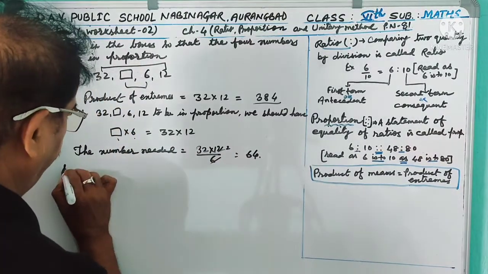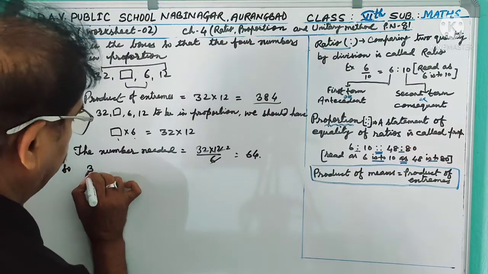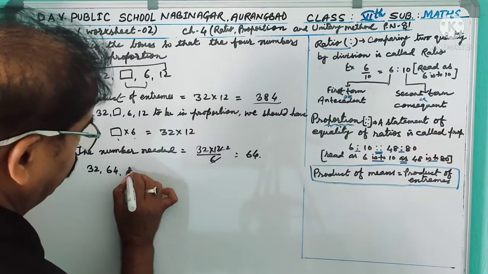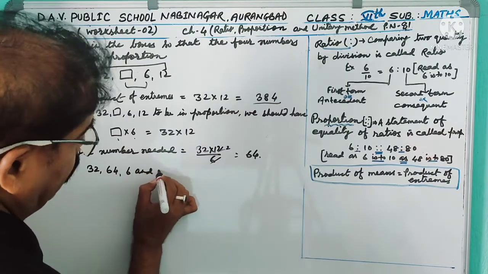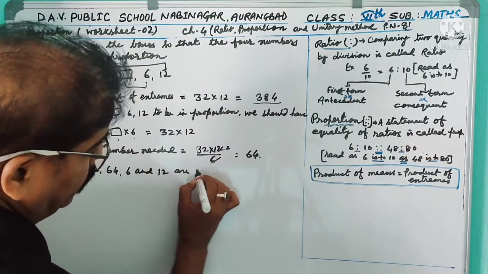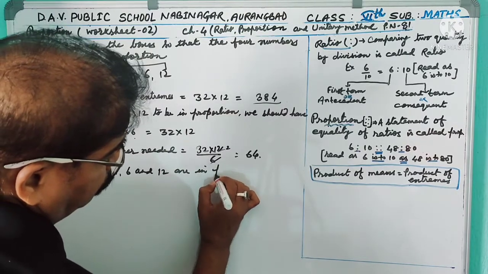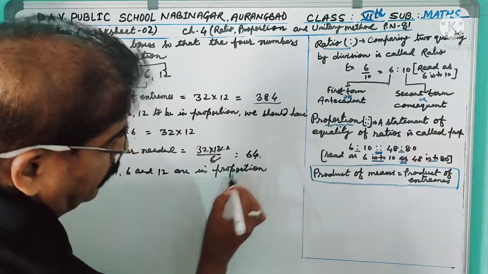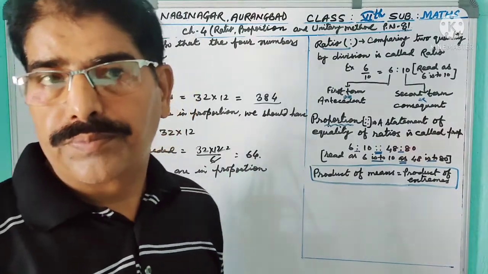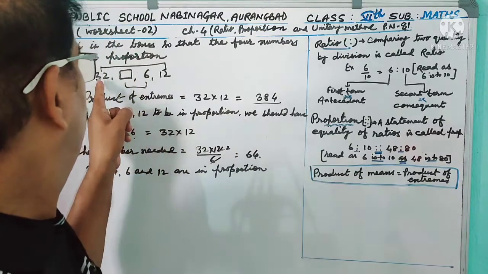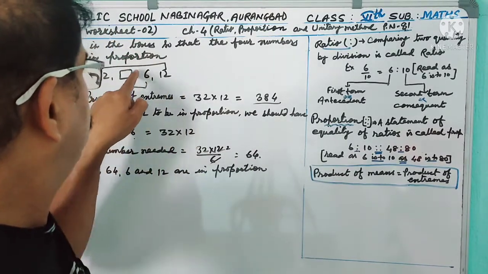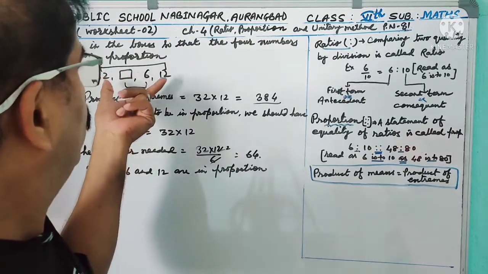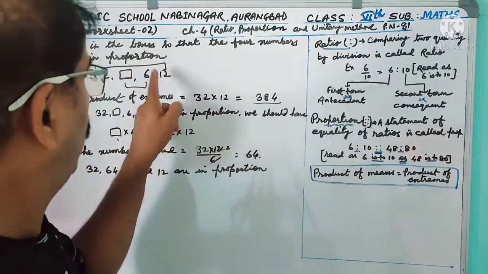So 32, 64, 6 and 12 are in proportion. Dear students, given four numbers where one is a blank box, we know that the product of extremes equals the product of means.